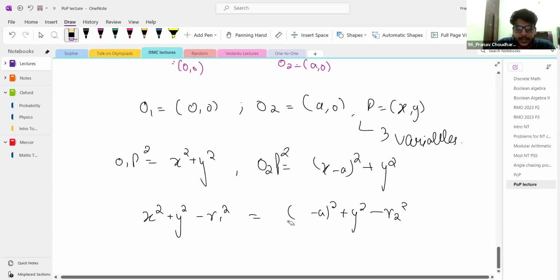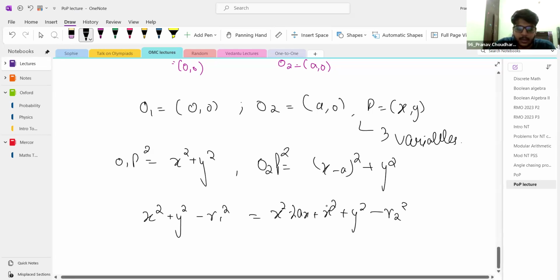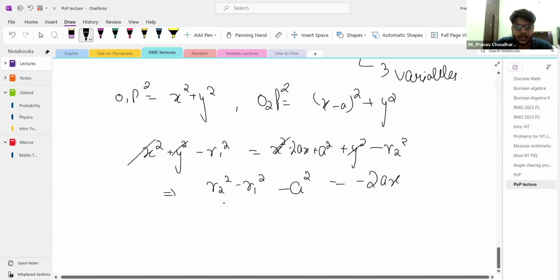I can expand the perfect square and write it as x square minus 2ax plus a square. Cancelling out the square terms, I'll get r2 square minus r1 square minus a square equals minus 2ax. So this implies x equals (r2 square minus r1 square minus a square) upon minus 2a.